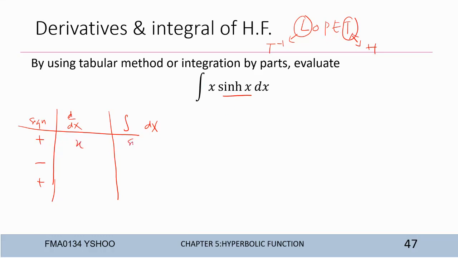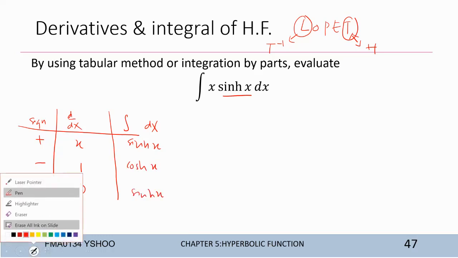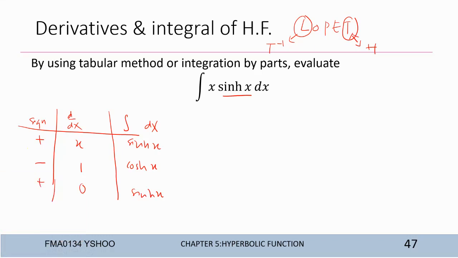The remaining one is sinh x. Differentiating x gives 1, and differentiating 1 gives 0. Integrating sinh gives cosh, remember there is no negative, and integrating cosh gives sinh x. Now how we want to present our answer is as follows.